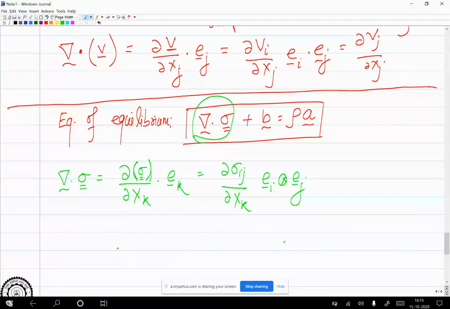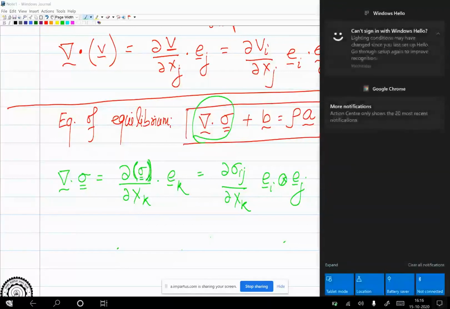More specifically, the cylindrical coordinate system, where you have er, e theta, ez, and the coordinates are r, theta, z. As you change theta, er and e theta also change. So when taking the divergence in cylindrical coordinates, you can't take ei and ej out of the bracket.